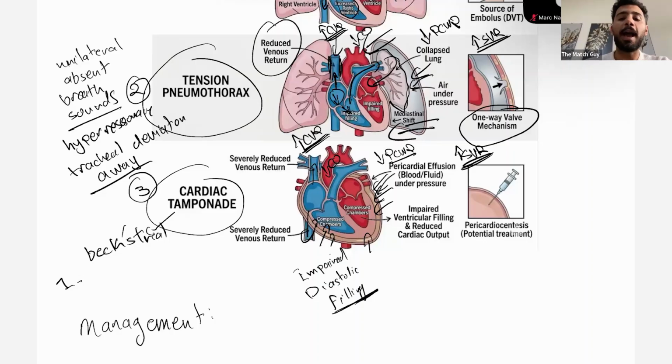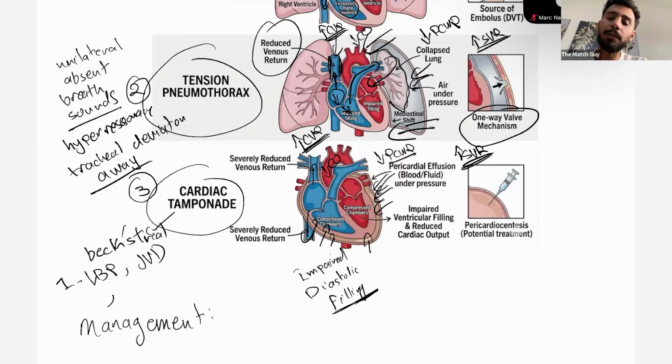Number one, you're going to have low blood pressure or hypotension, as we said, because this is one type of shock, and all shocks have low blood pressure. And then you're going to have jugular venous distension. Why? Because we said there's going to be impaired diastolic filling. The right side of the heart is not going to be able to fill with blood, and then all of this blood that should be filling the right side is going to be backflowing and congesting the systemic veins like the superior vena cava and the jugular veins, causing jugular venous distension.